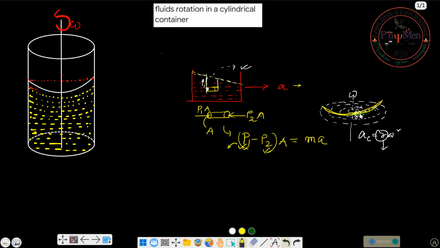So for a fluid rotating in a cylindrical container with angular speed omega, the surface will take the shape like this. Now let's analyze the pressure at a particular point at a height h from the center of the free surface of the liquid.